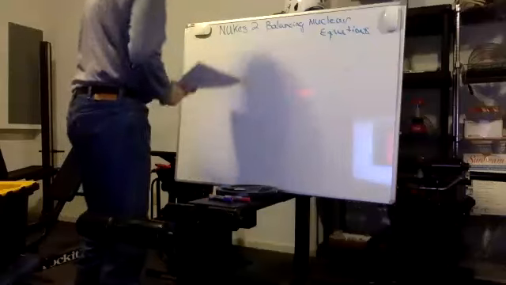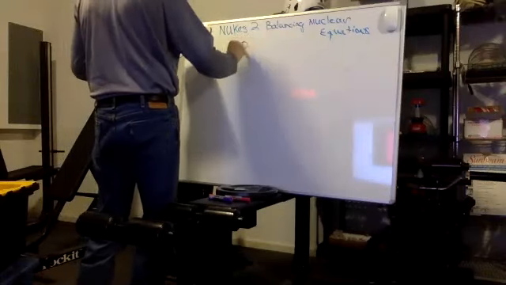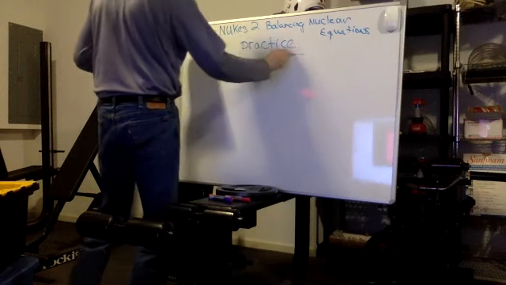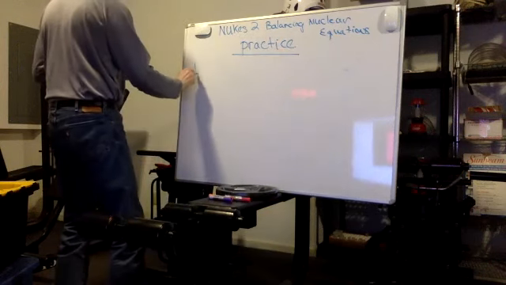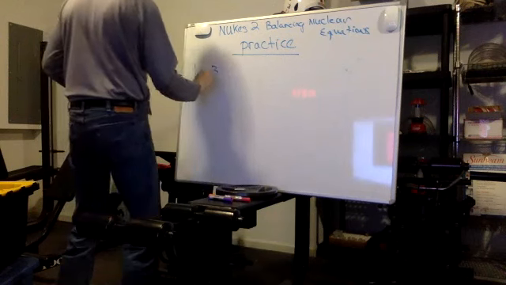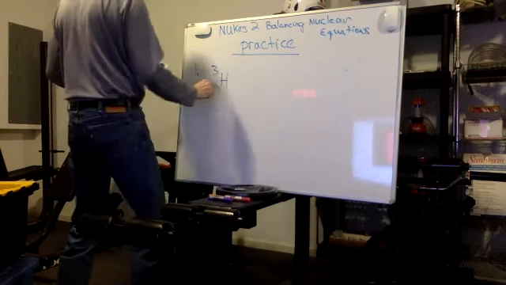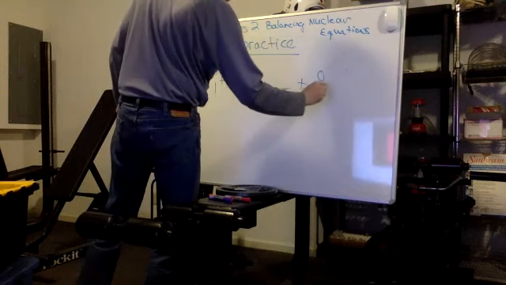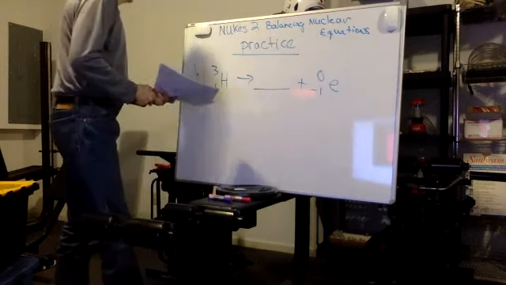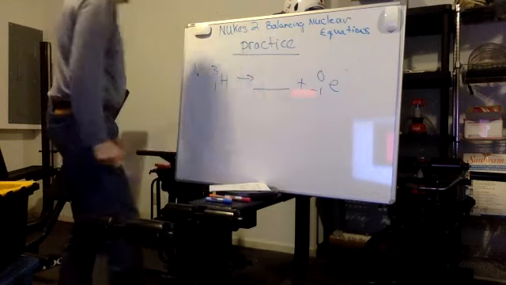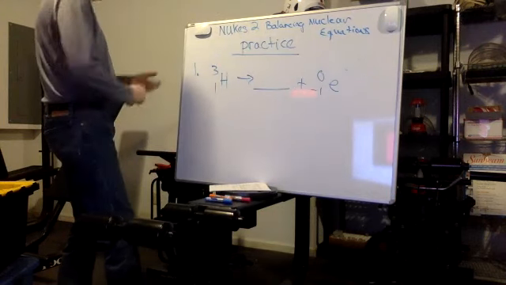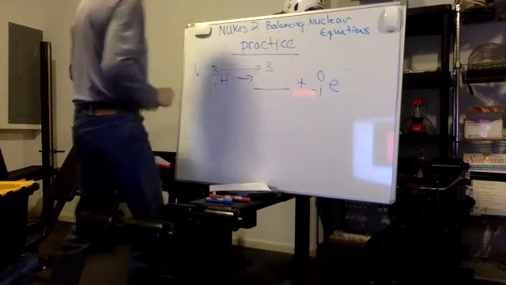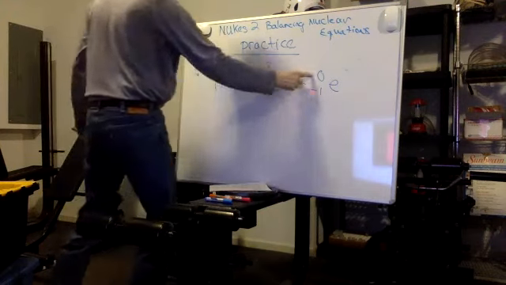It's marked practice. So number 1. We've got tritium, 3, 1 H, going to blank plus 0, -1 E. Well, it looks like the 3 is just going to slide straight over for the top because we have a 0 there.